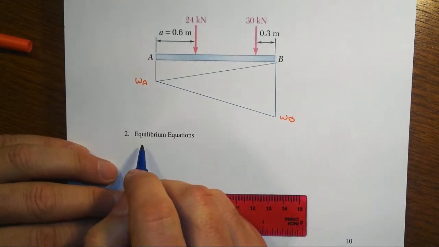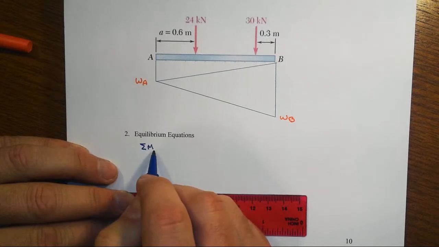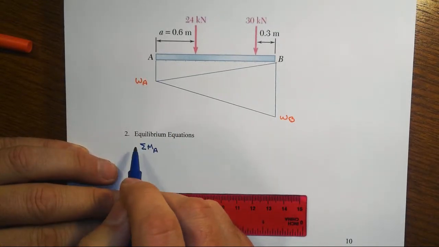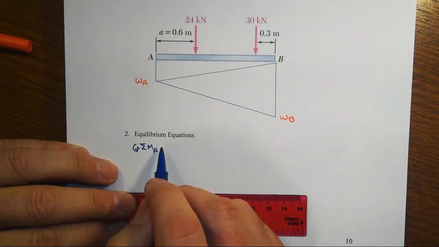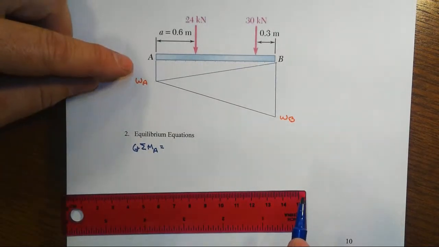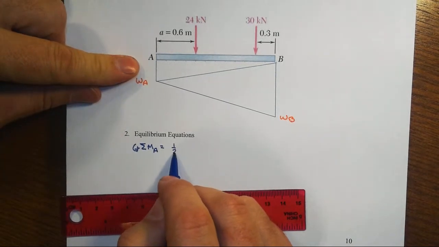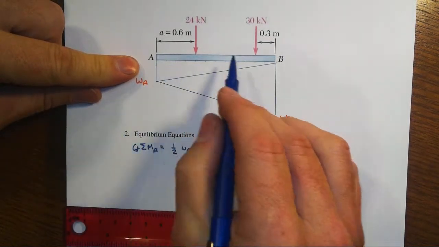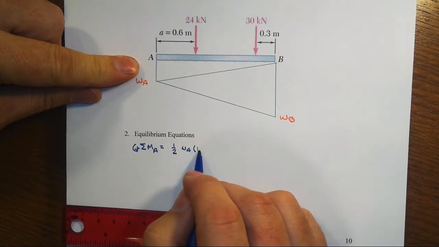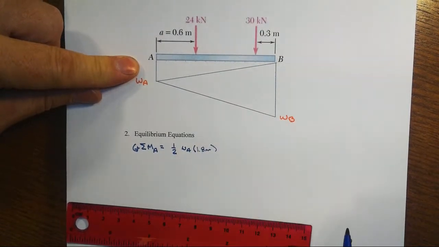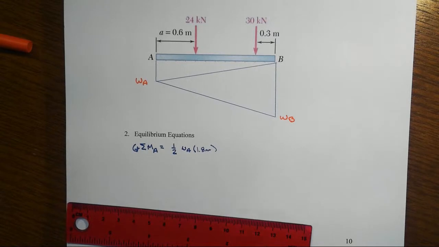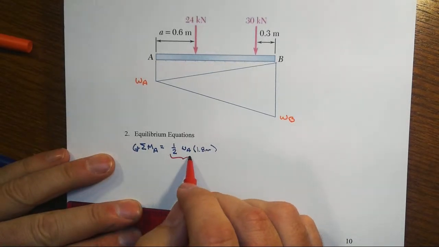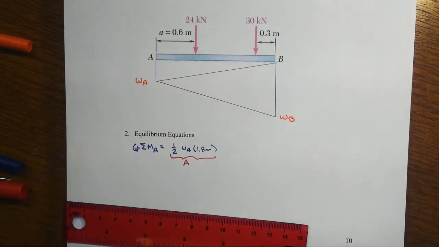So, for instance, let's sum moments about point A, taking counterclockwise as positive. We'll have 1/2 of WA times its base on the triangle, 1.8 meters. That's just the force itself. I'm going to call that whole force capital A, which will be convenient later on.